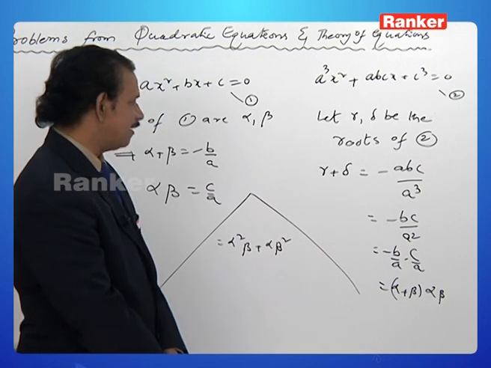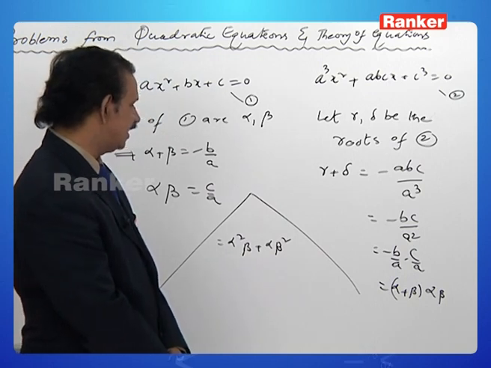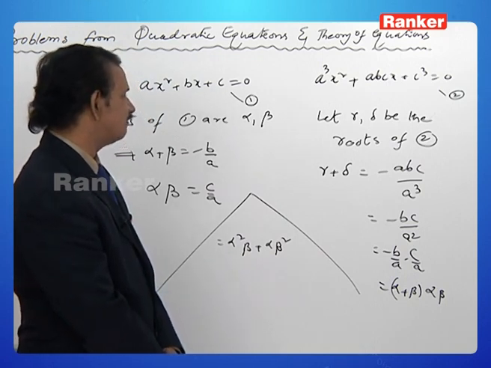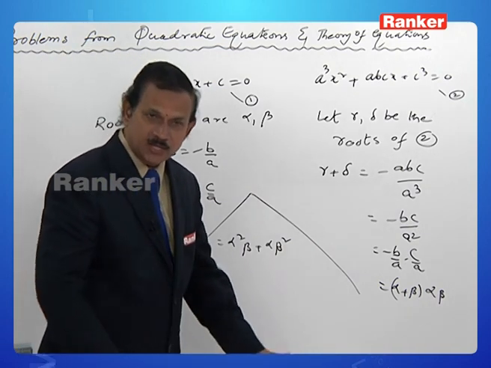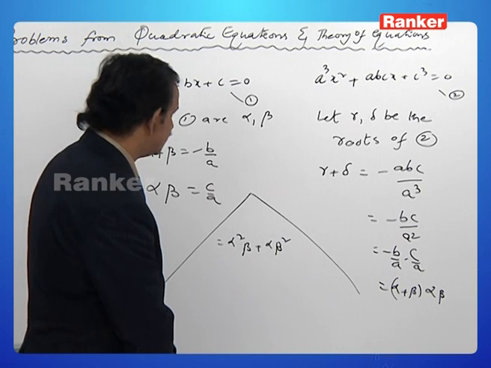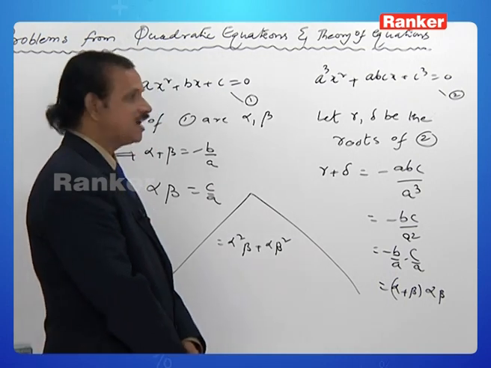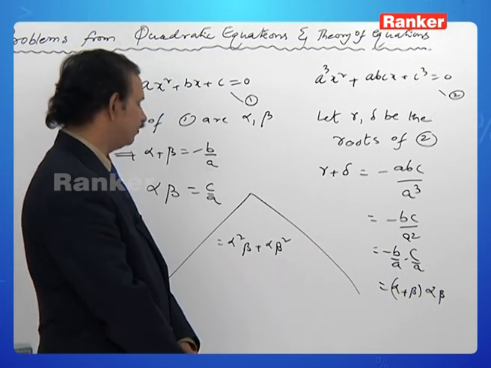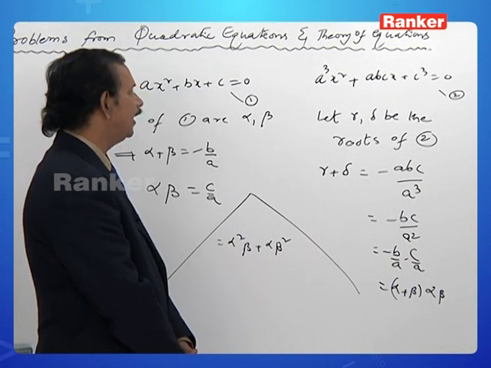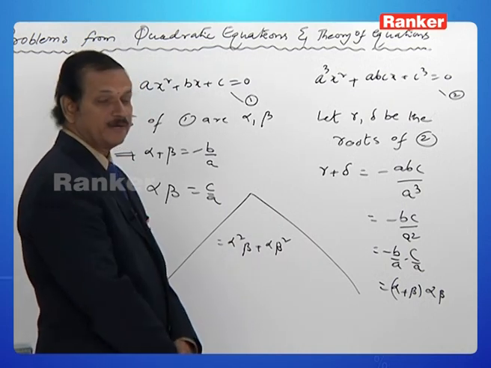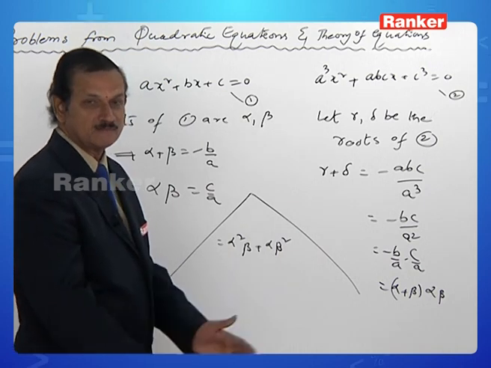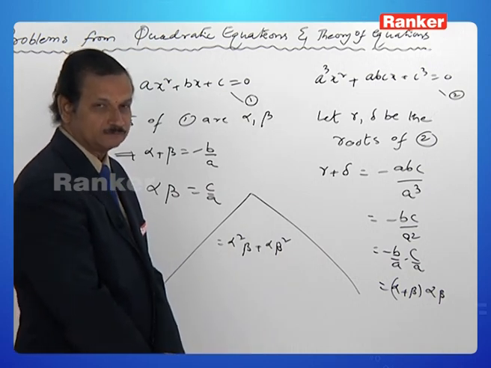As we observed that gamma plus delta is alpha square beta plus alpha beta square, we could have arrived at it. And it can be made clear if you also consider gamma delta. What is gamma delta? C cube by a cube. That can also be taken as alpha square beta into alpha beta square, which is nothing but alpha cube beta cube.